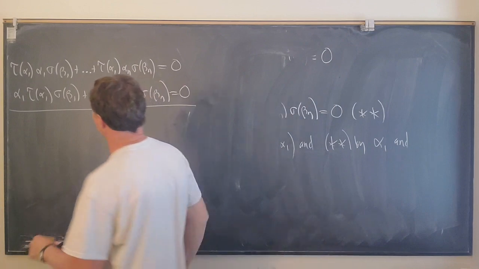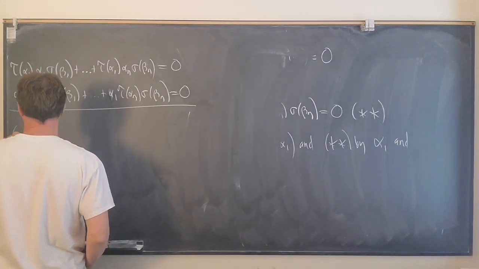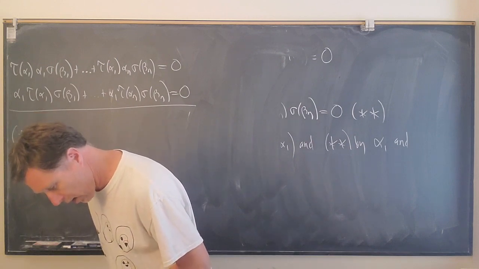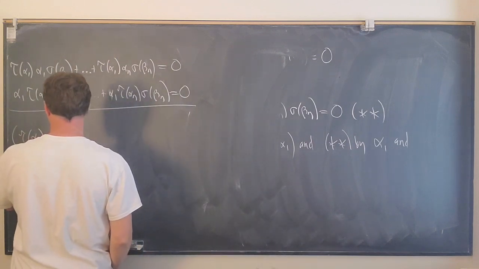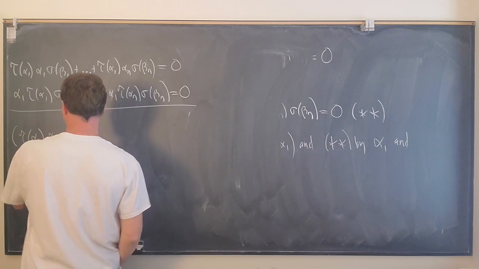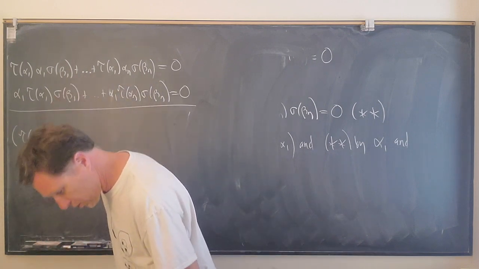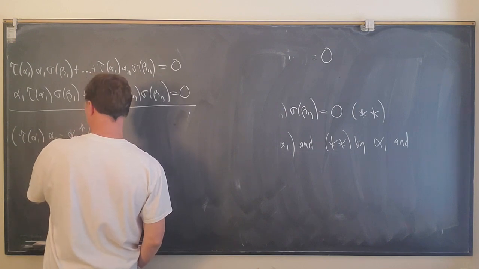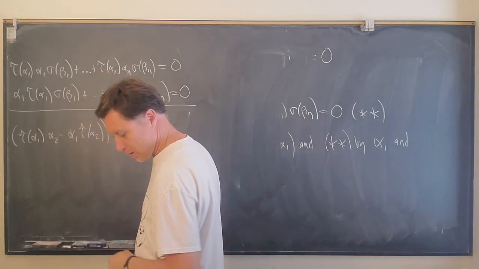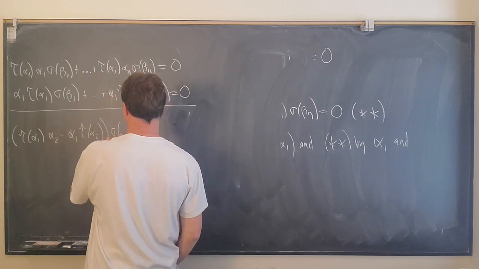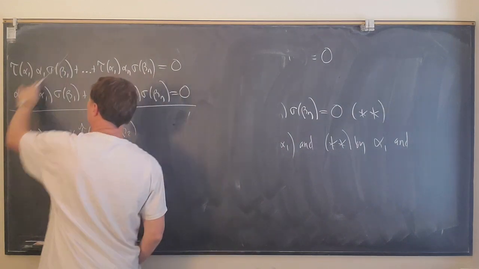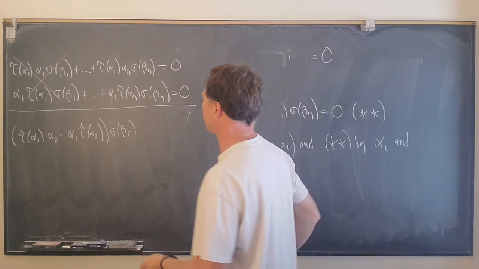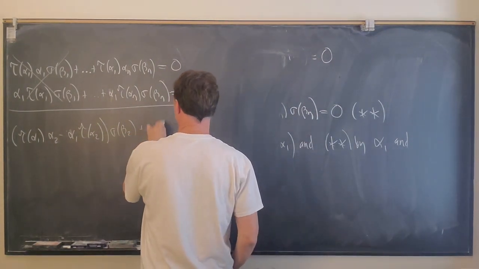Okay, so let's write this down carefully. When we subtract, what we'll get is tau of alpha 1 alpha 2 minus alpha 1 tau alpha 2, sigma of beta 2. The first terms right here cancel out, and then the rest of them subtract, and I'm just factoring these as we go.